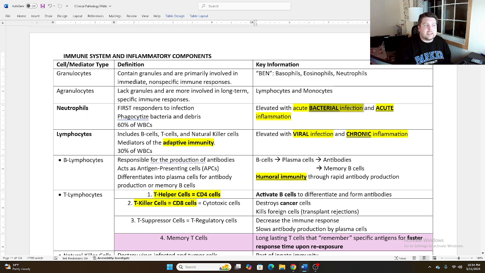Along with that, anytime we have a bacterial infection, we're also going to have a fever, at least 99.5 degrees Fahrenheit or higher. Typically, a good rule of thumb is to say if it's not over 100 degrees, it's probably not a fever.